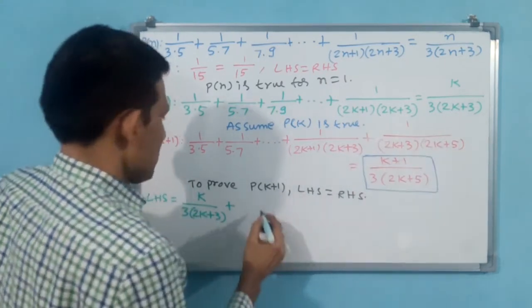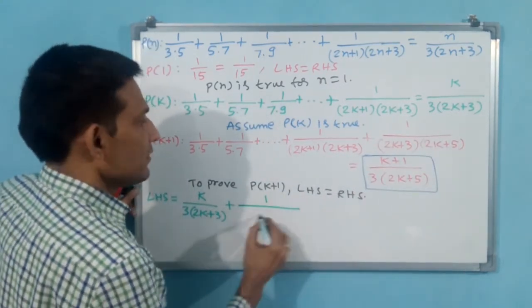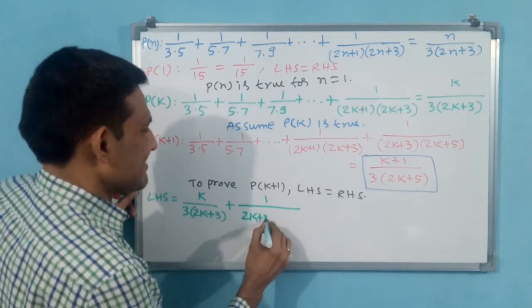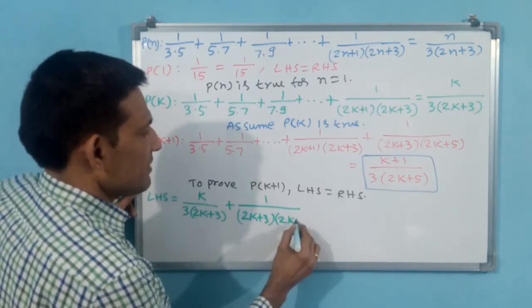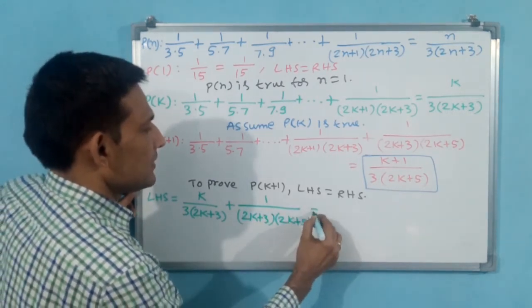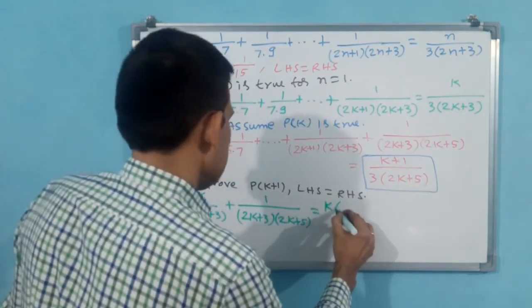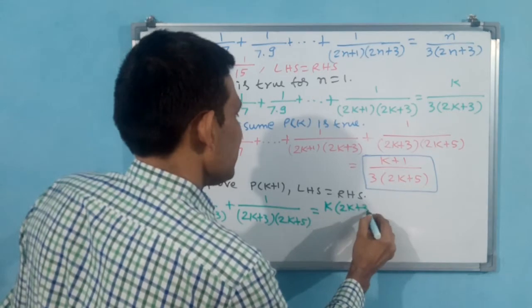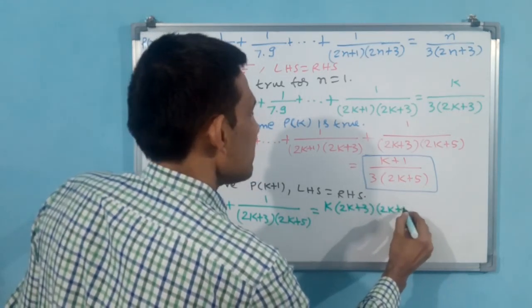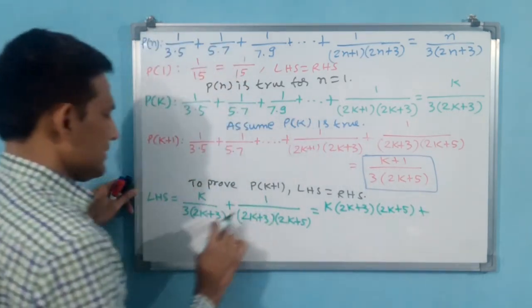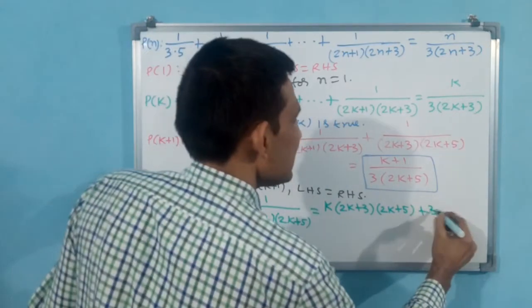Again this you have to write 1 by 2k plus 3, 2k plus 5, is equal to, okay, you write down k into 2k plus 3, 2k plus 5 plus 3 into 2k plus 3.